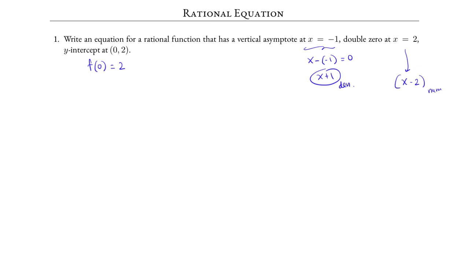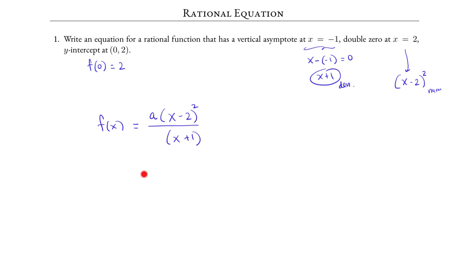But since this has a double root, or multiplicity of 2, we would need to have x minus 2, the quantity squared. Put all of these together, the function that we want is mostly of the form x minus 2, the quantity squared, in the numerator, over x plus 1, maybe with an unknown coefficient in the front, so we would call it a for now.